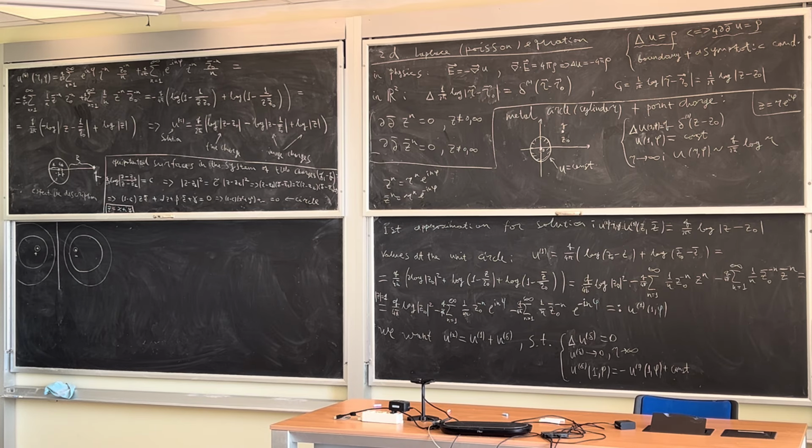So if you want a constant potential on some surface, then we can simply take one of these equipotential surfaces.